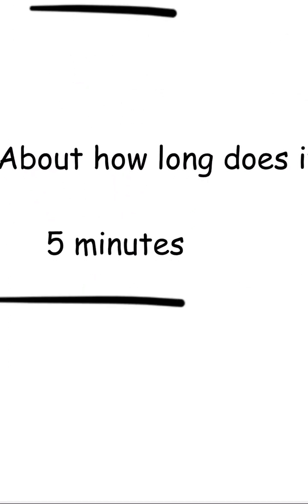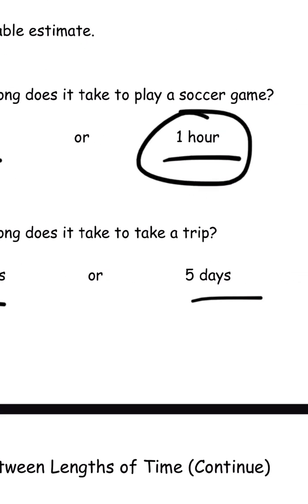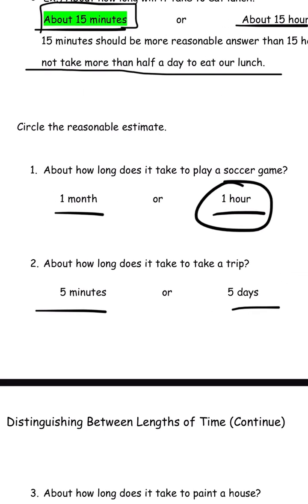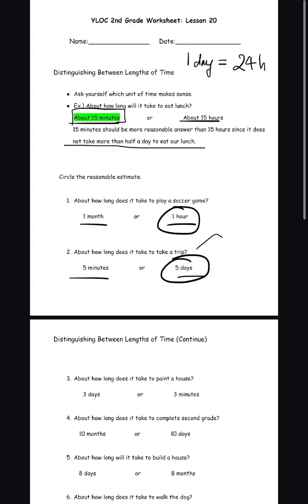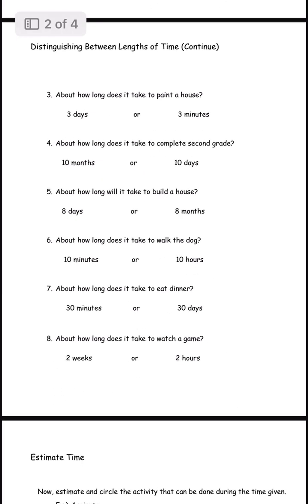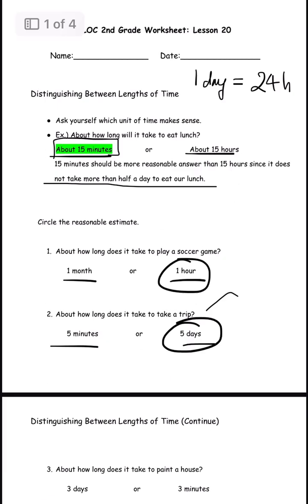So it would be much more than 5 minutes. 5 minutes would be too small to take a trip, so it should be 5 days. Let's move on to the next page. This worksheet is pretty easy, but we have to know the concept of time, so we have to go over this.